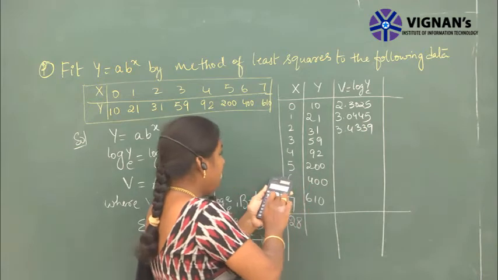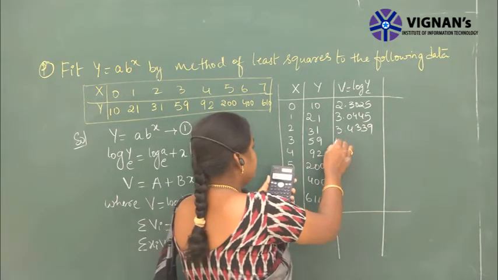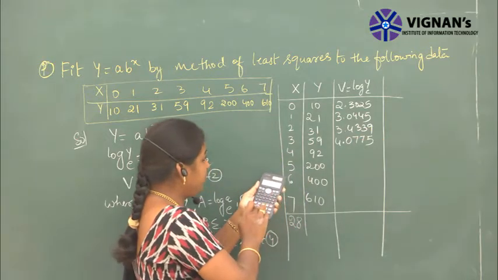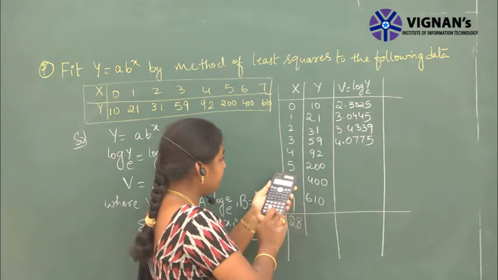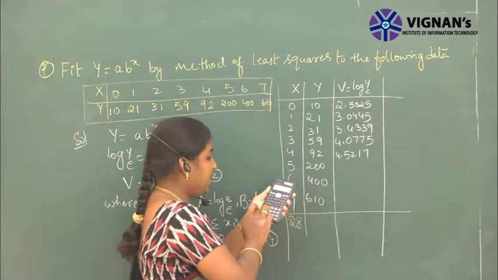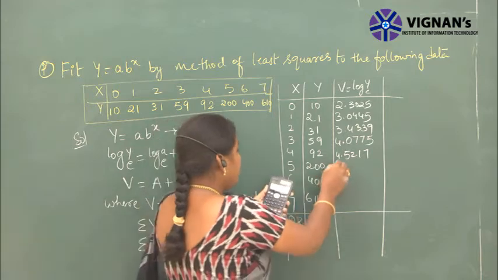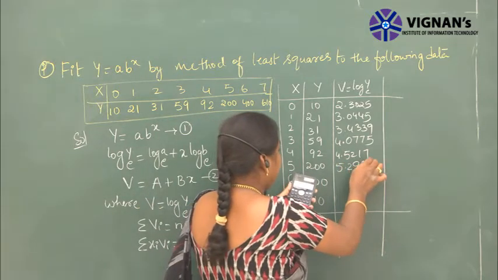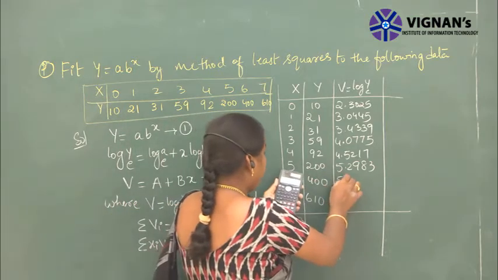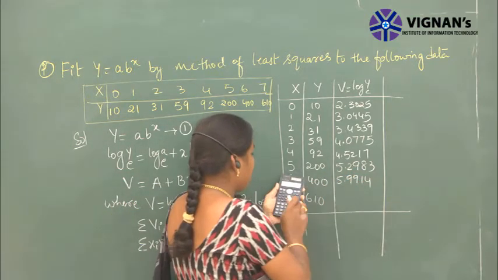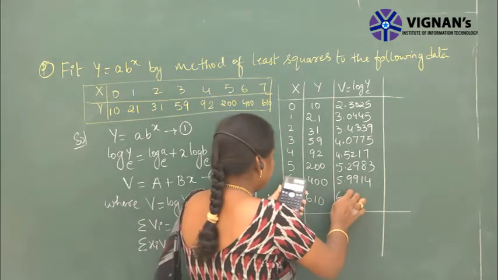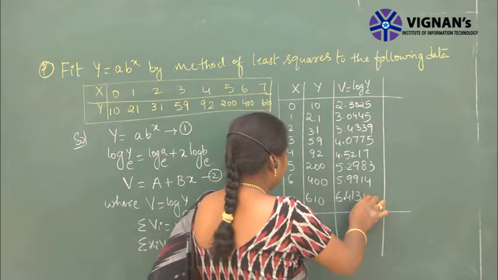ln 59 is 4.0775, ln 92 is 4.5217, ln 200 is 5.2983, ln 400 is 5.9914, ln 610 is 6.4134.